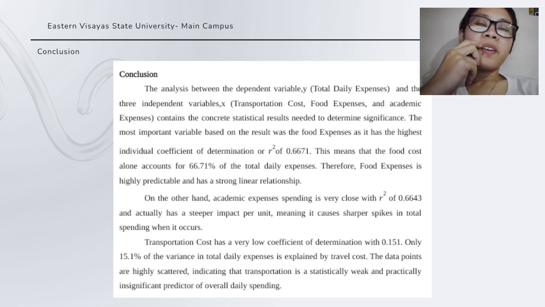Next, with that being said, the analysis between the dependent variable y, our total daily expenses, and the three independent variables x, the transportation cost, food expenses, academic expenses, contains the concrete statistical results needed to determine significance.